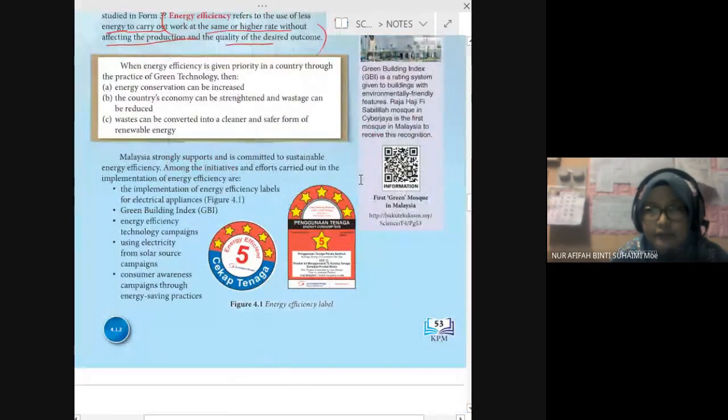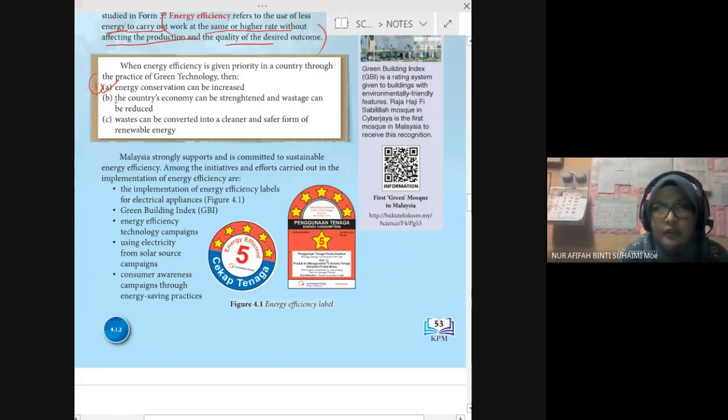Right. What happens when energy efficiency is applied? Or we give priority to energy efficiency in our country. The energy can be conserved. The country's economy can be strengthened, diperkuatkan, and wastage reduced.